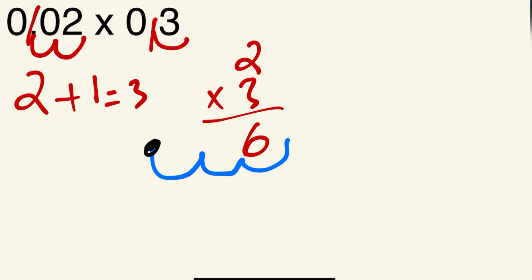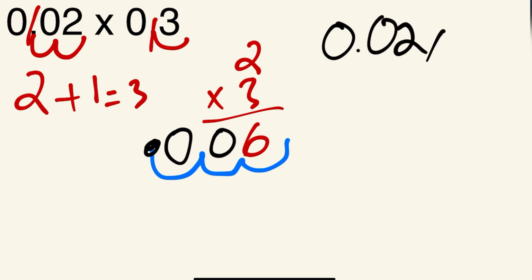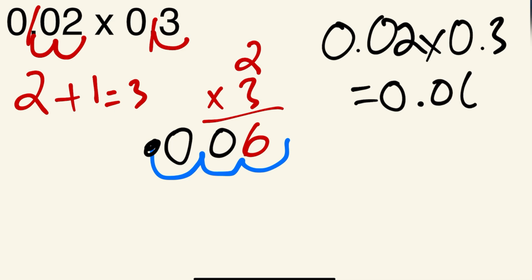And we do have empty spaces again. But for these empty spaces, you know what to do. You have to fill them up with something which is called a 0. So for the question 0.02 times 0.3, the answer is 0.06. Oops, my bad. 0.006. Don't make that mistake like I did.